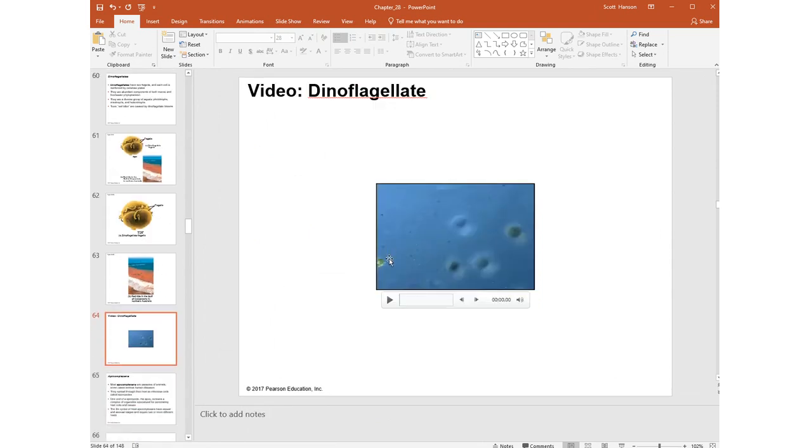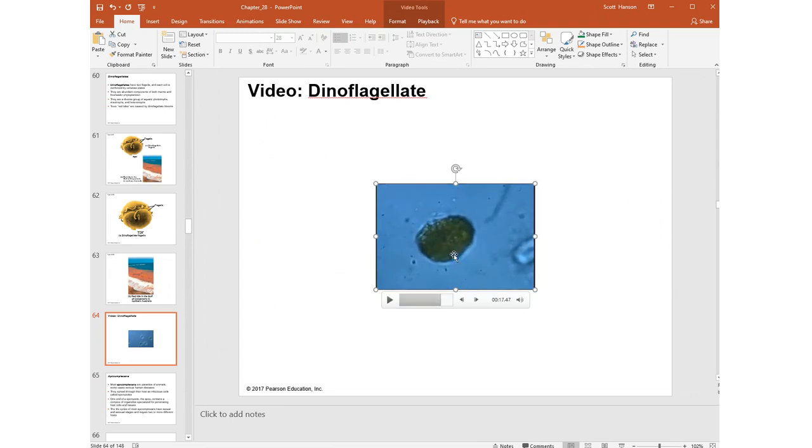Lots of good slides. Here's a video of dinoflagellates and how they move, and they can move rather quickly with those two flagella. They make good use of those flagella, moving all around. They don't really seem to have a flexible body like a euglenoid, though.